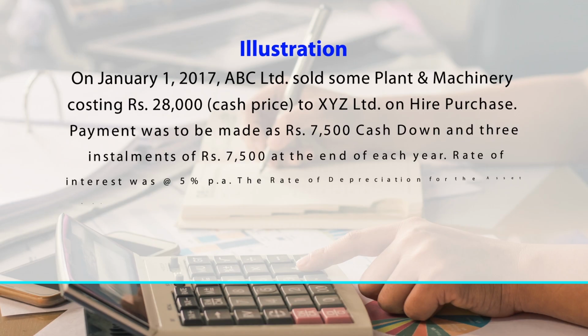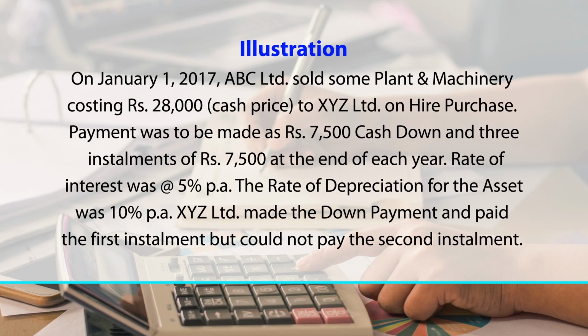Now, we would like to understand the implications of this with the help of an illustration. On January 1st, 2017, ABC Limited sold some plant and machine costing rupees 28,000 cash price to XYZ Limited.